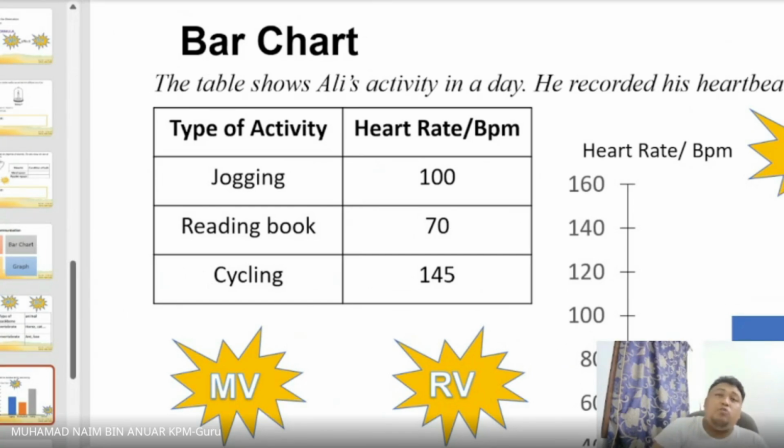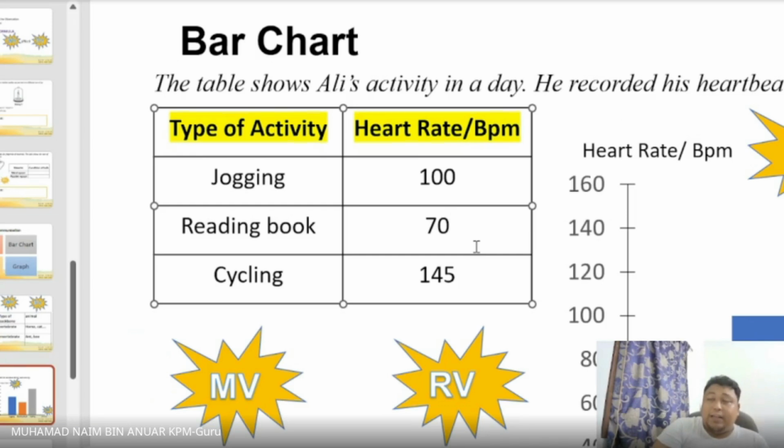Let's say you don't know what this question is about, you don't understand, but you can only see, oh, there's a table here, and the question asks, what is manipulated variable, what is MV? Straight away, take the header here, on top here, put as MV, and this one put as RV.